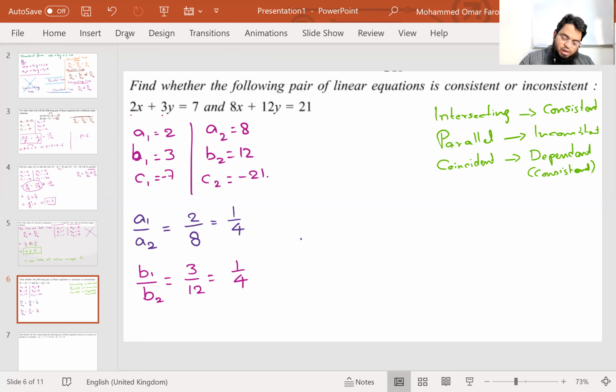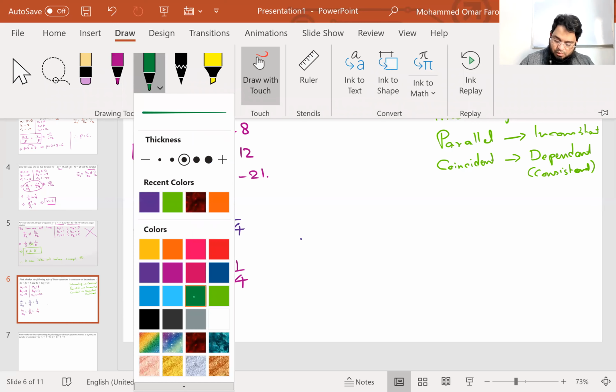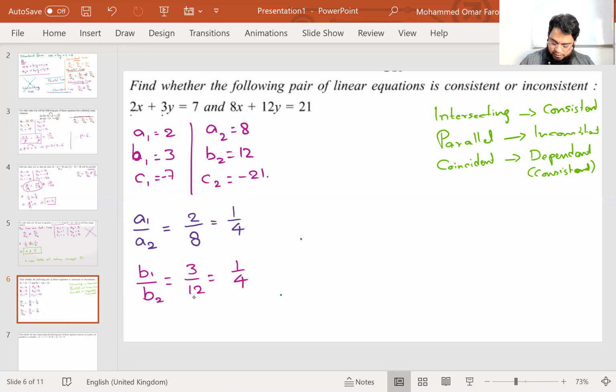And now let us find out the ratio of the constants, c1 by c2, that equals -7 divided by -21. Minus and minus get cancelled, it is 1 by 3.